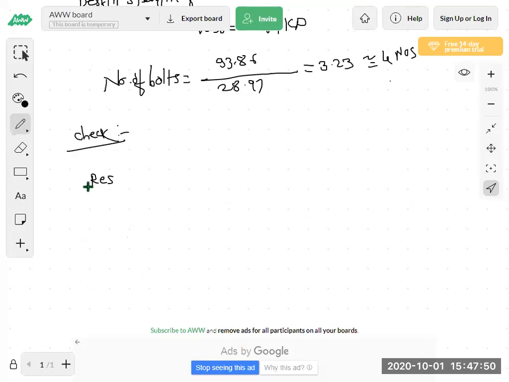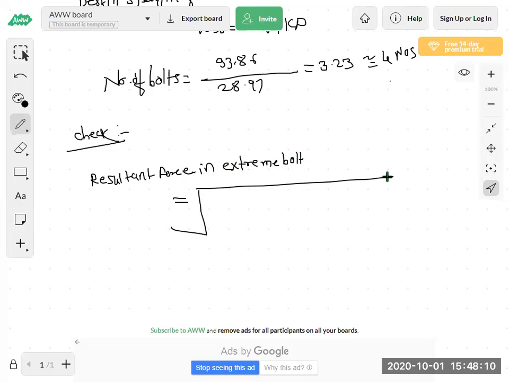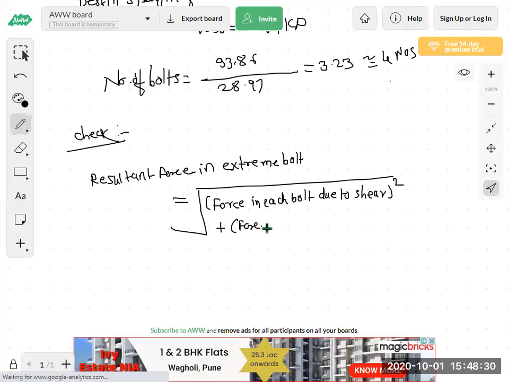The formula is written in the procedure. Resultant force in extreme bolt is equal to the square root of (force in each bolt due to shear) square plus (force due to movement in extreme bolt) square.